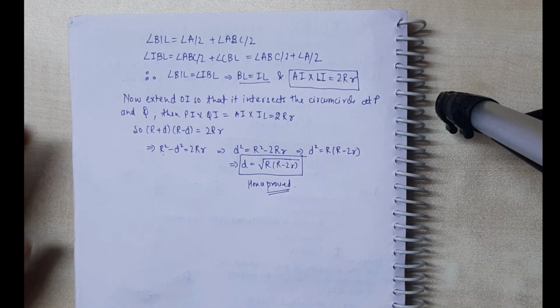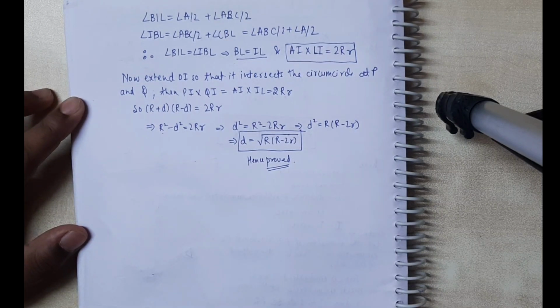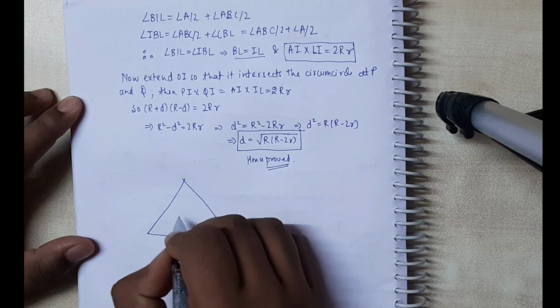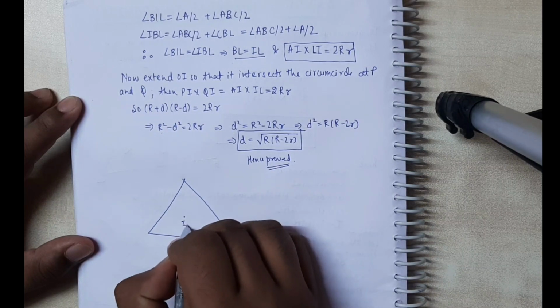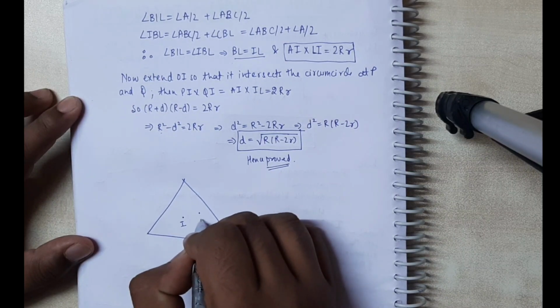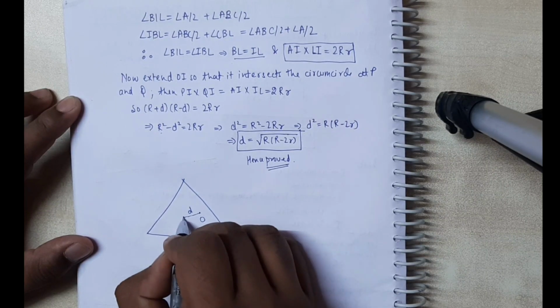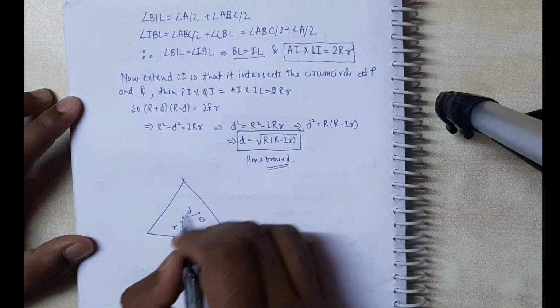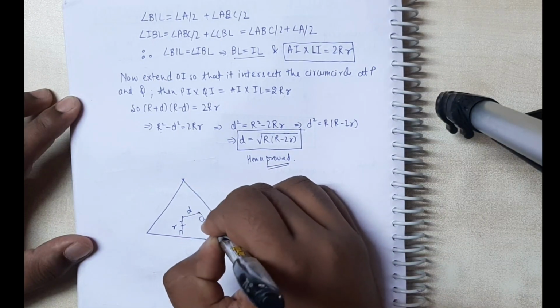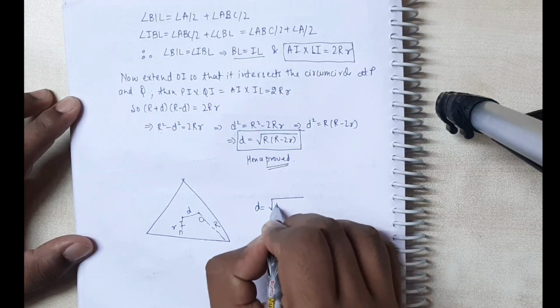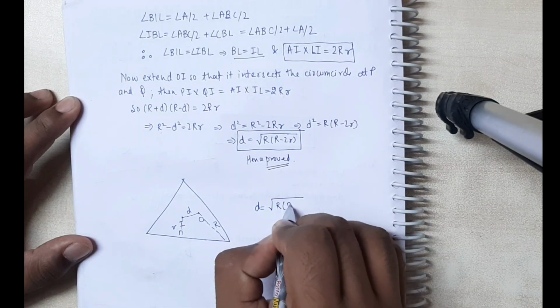Now if we summarize, then we can say in a triangle, if the distance between the incenter and the circumcenter is d, and the inradius is equal to small r and the circumradius equal to capital R, then d is equal to root of R into R minus 2r.